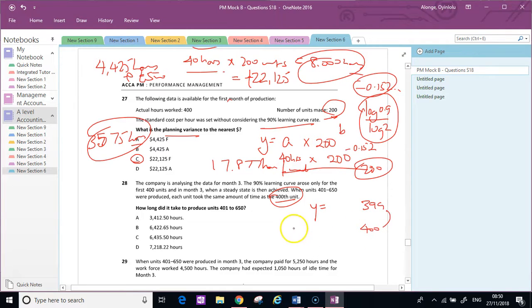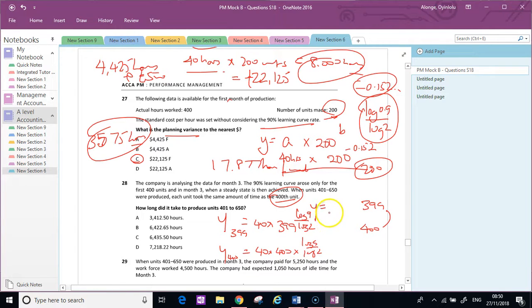Which means I need to do the equation twice, for y 399 and y 400. So y is equal to 40 times 399 raised to the power of log 9 divided by log 2, and the same thing with 400.